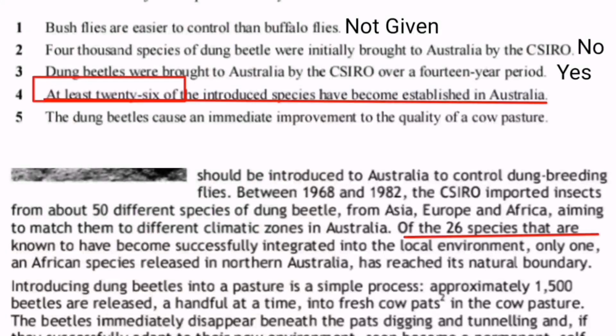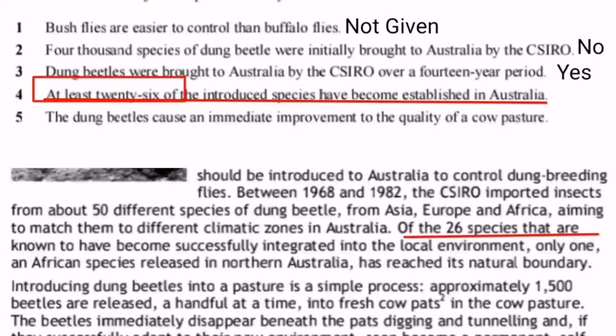Only one, an African species released in northern Australia, has reached its natural boundary. Natural boundary means it started breeding as it used to. So it means that 26 species became used to and started breeding in the local Australian environment.